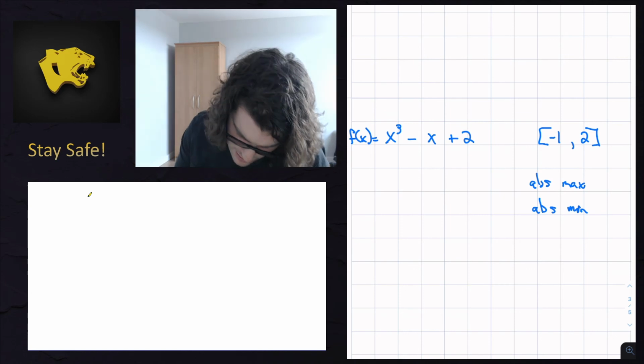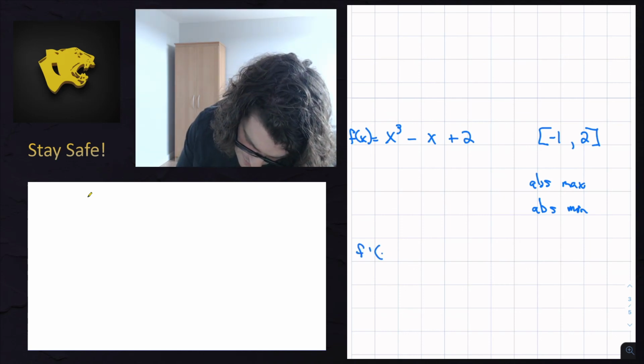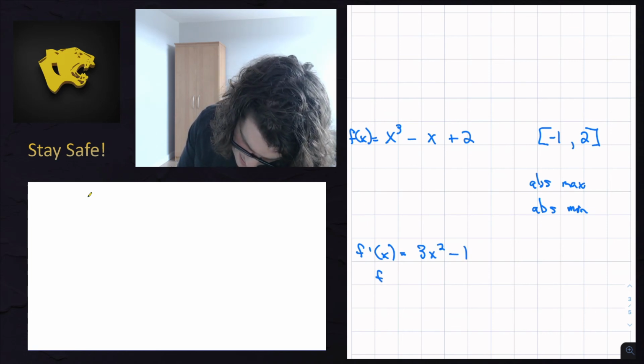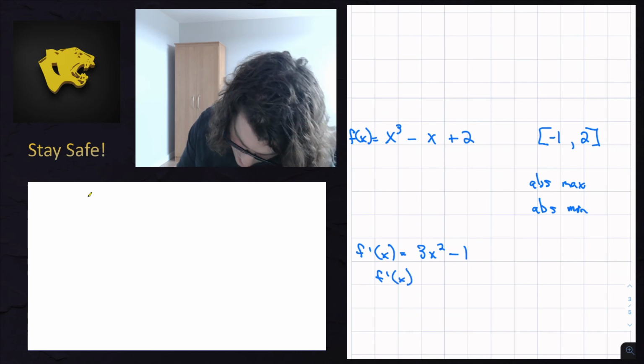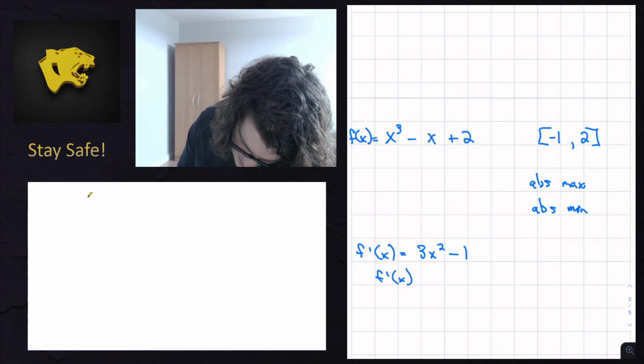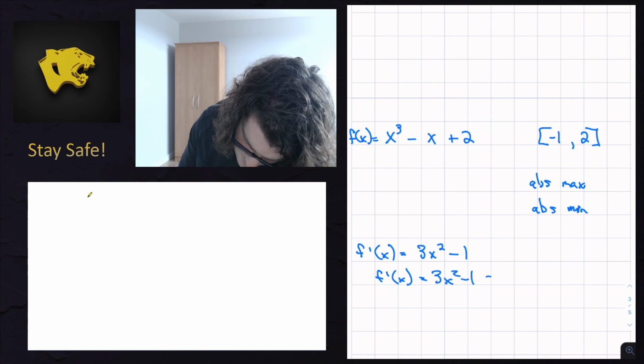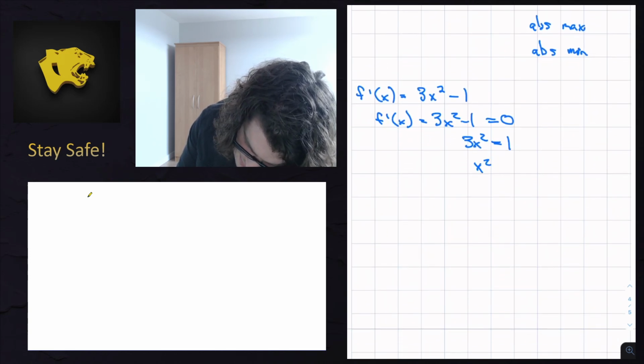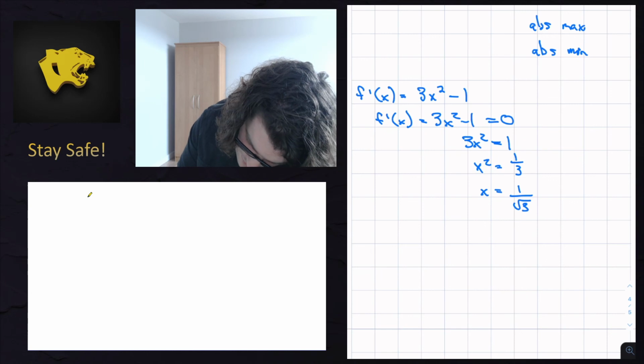So the first thing I'm going to do is take the derivative, and it will give me 3x squared minus 1. If I set it equal to 0, that gives me 3x squared is equal to 1. So x squared is equal to 1/3, or x is equal to 1 over root 3, or if you want to get really picky, root 3 over 3, but it doesn't really matter too much.